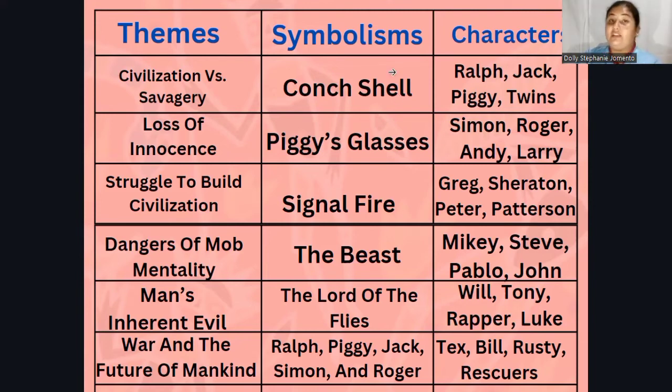So next is dangers of mob mentality. So Lord of the Flies explores the dangers of mob mentality in terrifying scenes of violence and torture. Early on, the boys sing, "Kill the pig! Kill the pig, cut her throat, spill her blood," after a successful hunt, elevating their shared act of violence into a celebratory chant.